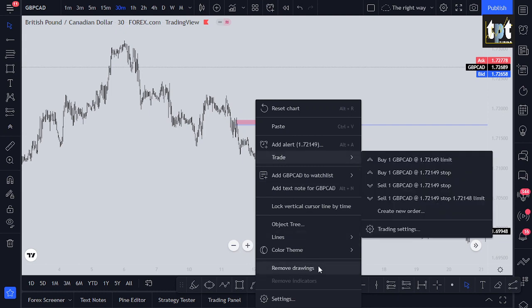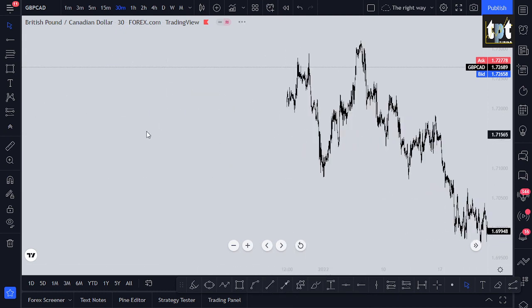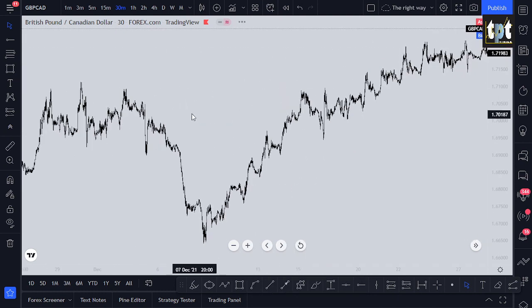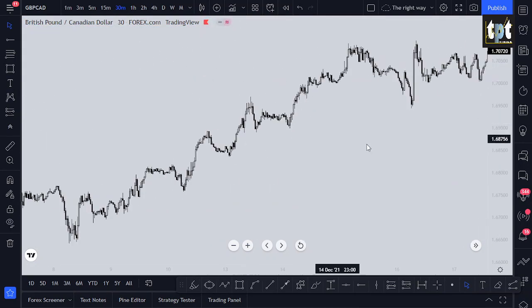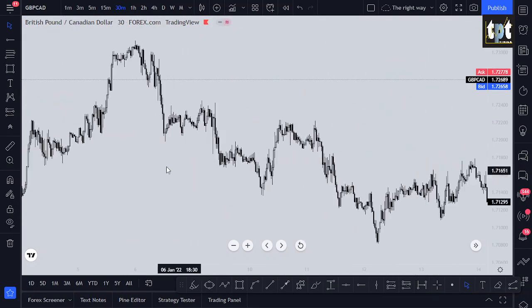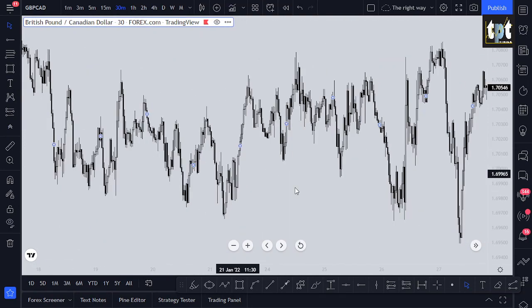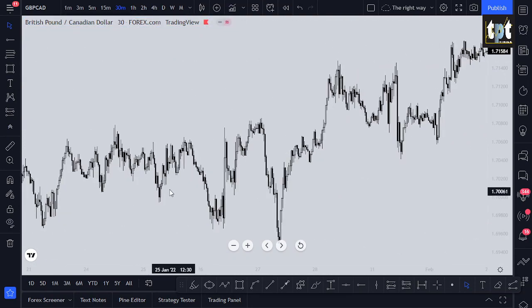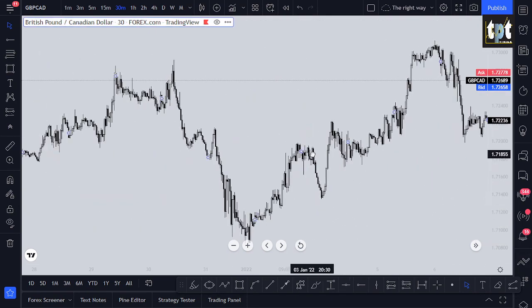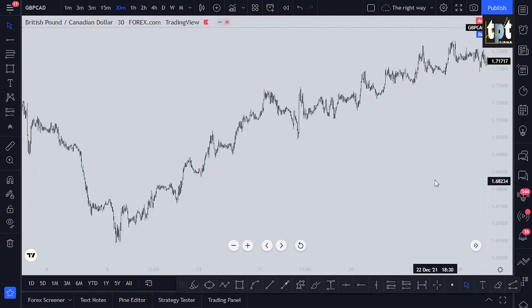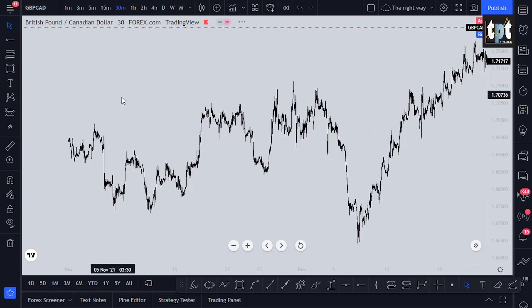Let us look for other setups. So not much, there is nothing much in this pair, the GBP card.